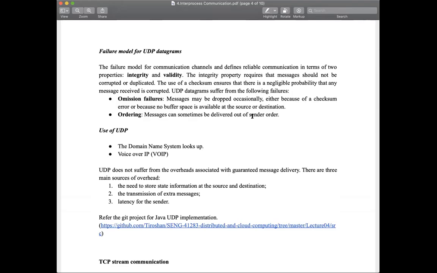Due to some problems with the network, since the communication does not make a connection between the receiver and the sender in advance, some packets or datagrams can be lost in the network because they route themselves. So in such cases, messages may be dropped occasionally, and messages may even get manipulated in transmission, right?